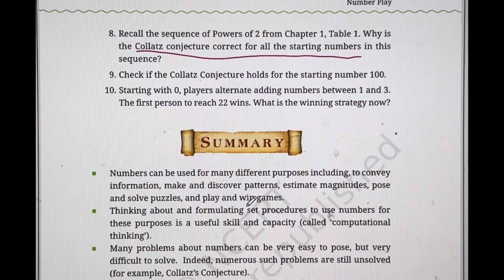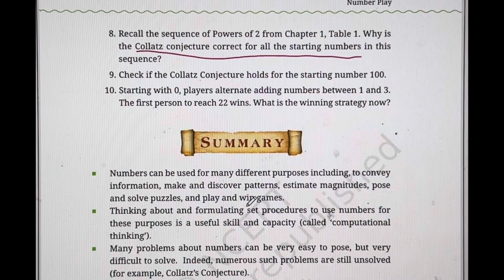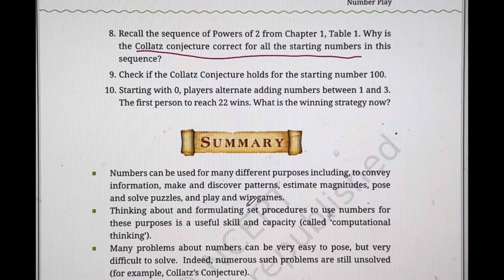If you remember the winning strategy for the number 21, what was the strategy? That the person should reach 18. Once the opposite person says 18, you can add 3 and get 21 easily.